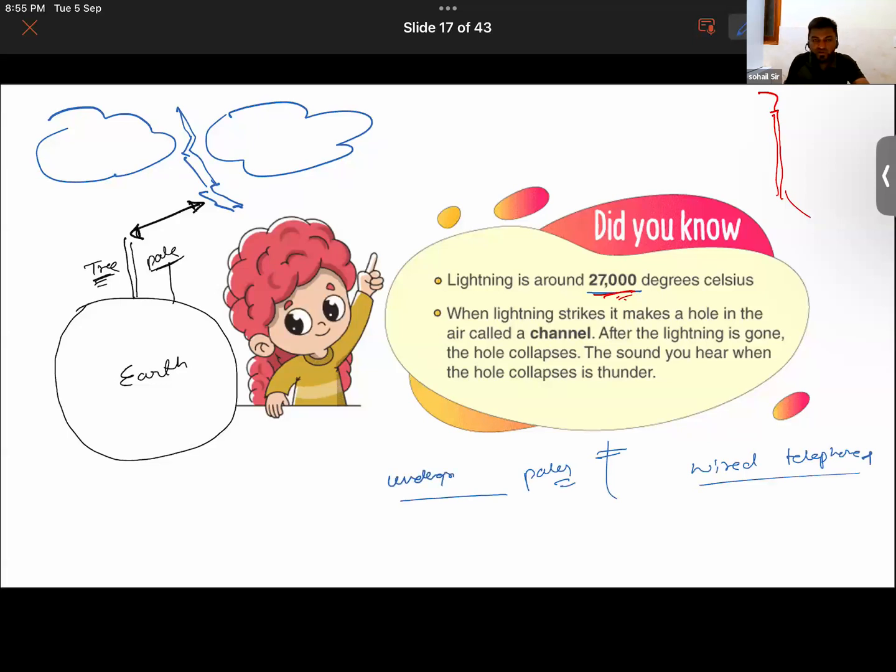Now the pole being a taller object, electricity will be conducted into that, and electricity will come to the wired telephones as well. That's why it was advised not to use wired telephones, especially when there is lightning. Got it, Sundus?